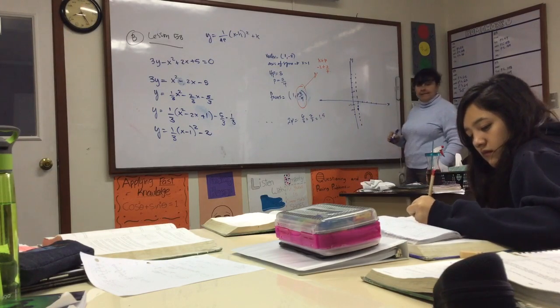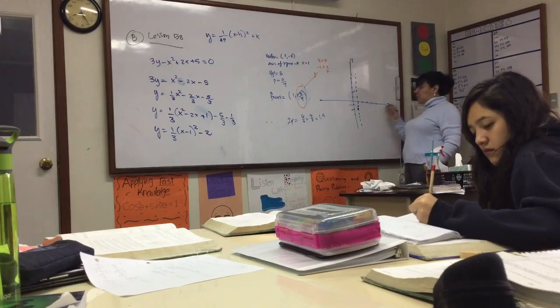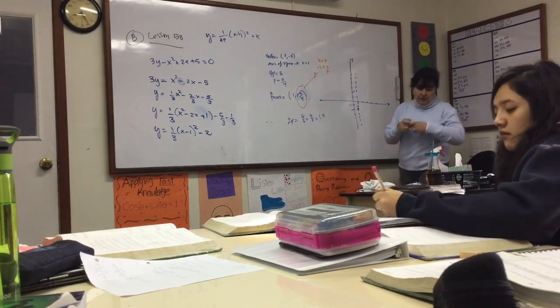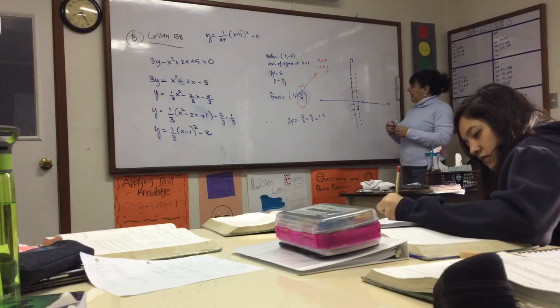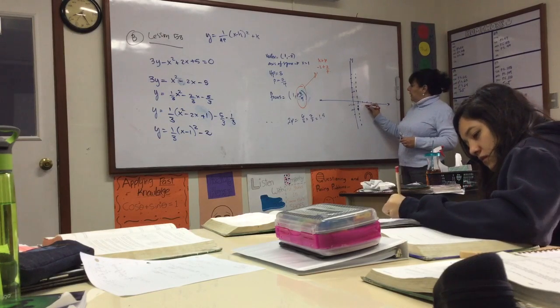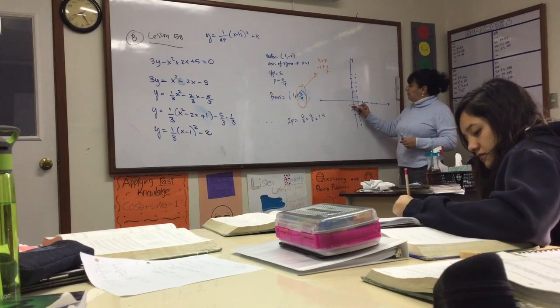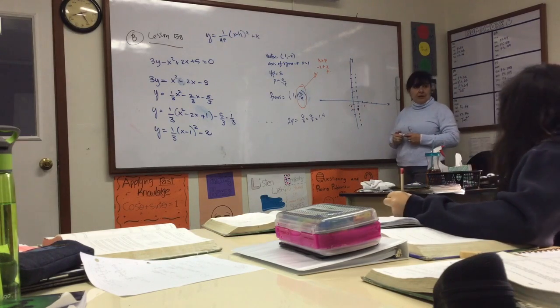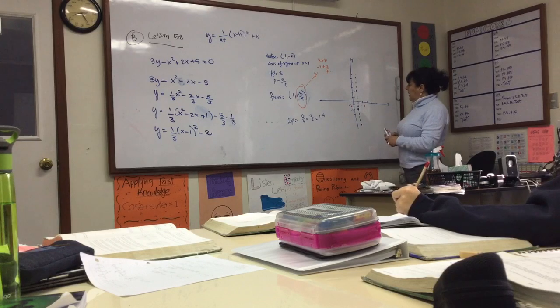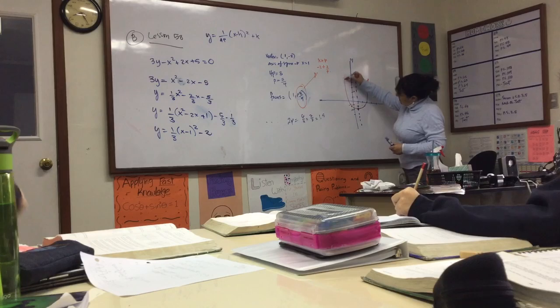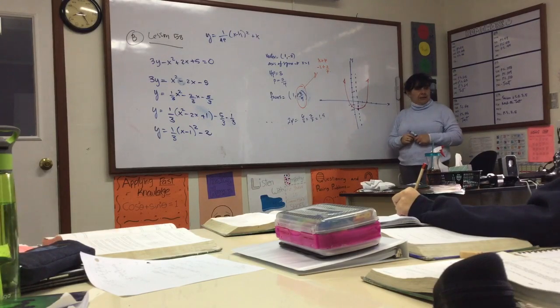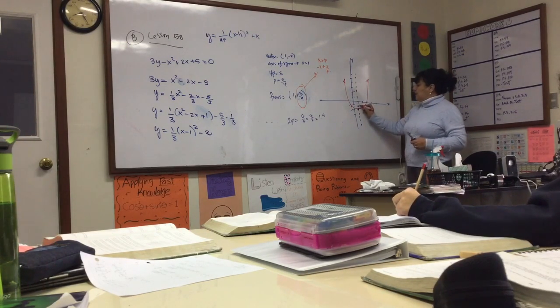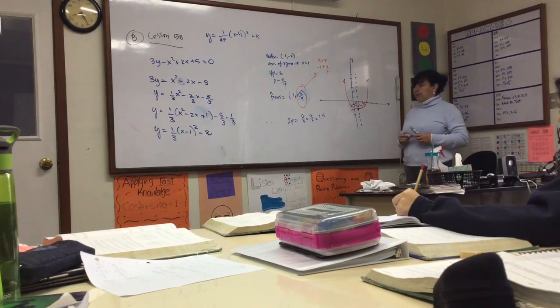So I have to move 1.5 this way and 1.5 on the other side. So 1.5 here and 1.5 here. Right? And then I just connect the dots and draw my graph. Okay? Important, this here is 2p and this here is 2p. Is that clear?